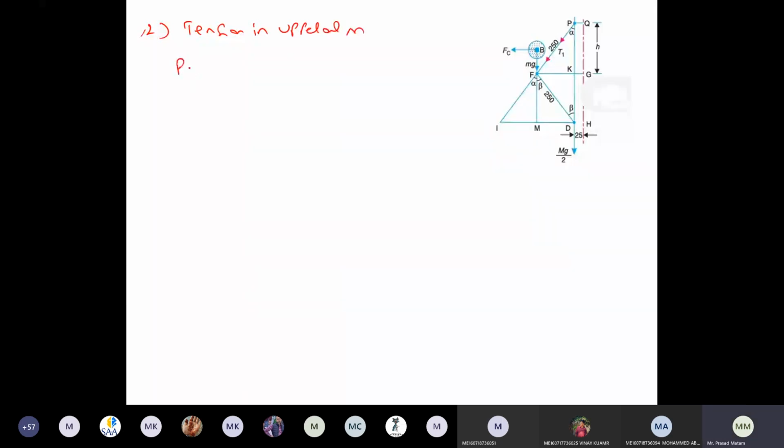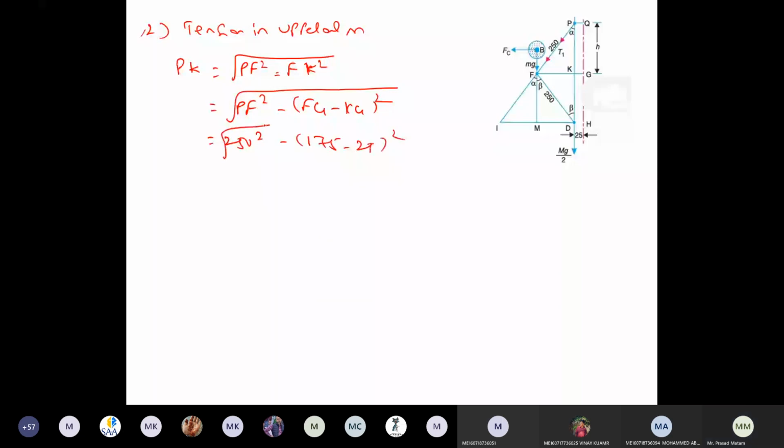Okay, I am just repeating it, I have already done this. Pk is equal to Pf square minus Fk square. So Pf square, Fk I can write as Fg minus Kg whole square, and Pf is 250 square minus Fg is 175 minus 25 square.